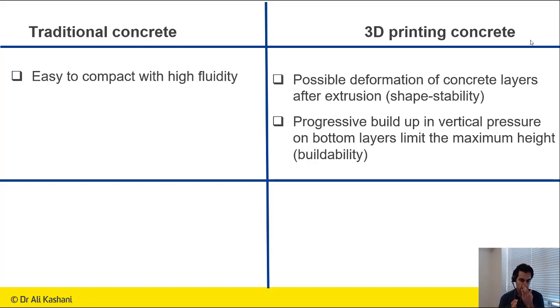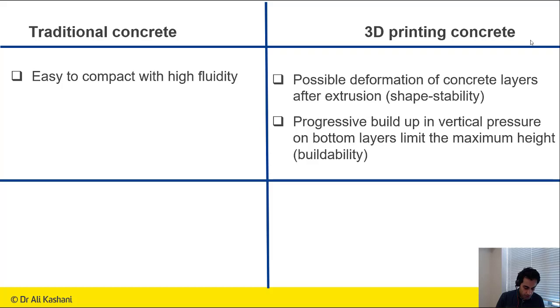But on the opposite side, for 3D printing concrete, there are two things that we mainly need during the process of the 3D printing. Although all those strength requirements and everything need to pass, during the printing we need something that doesn't deform after the extrusion. So one of the methods of concrete 3D printing is just extrusion. We just extrude the concrete, and we get the printed filaments, and then on top of that we build up the filaments.